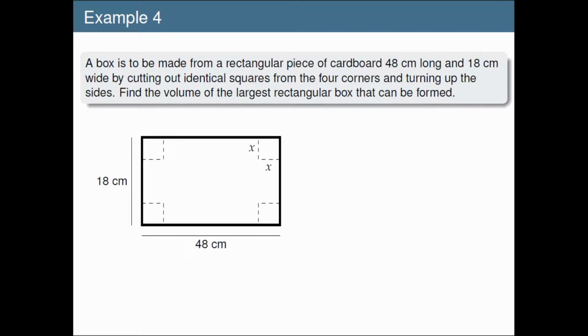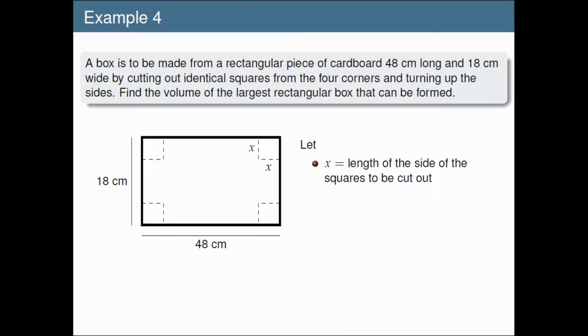Ito ngayon yung rectangular na cardboard. 48 cm yung length, 18 cm yung width. Tapos these squares will be cut out from the cardboard, and we let x to be the length of the side of the squares to be cut out.